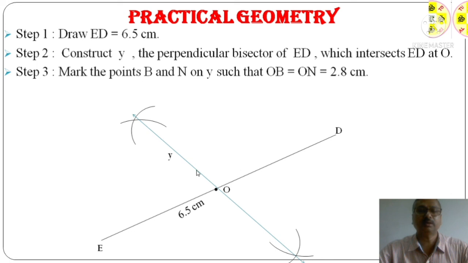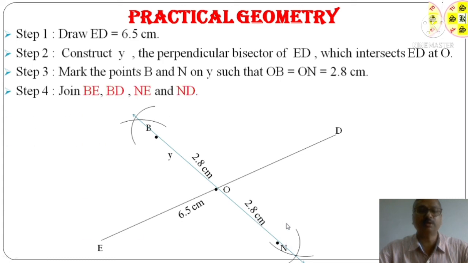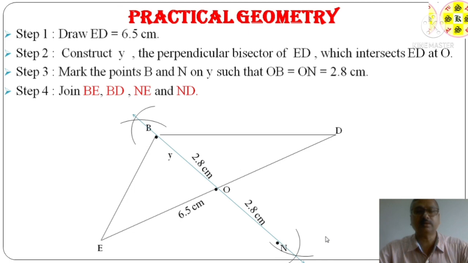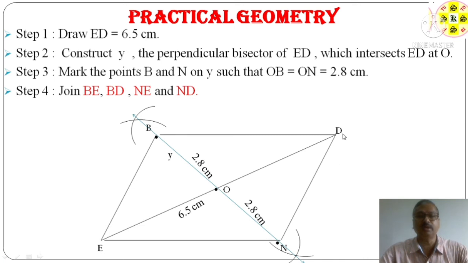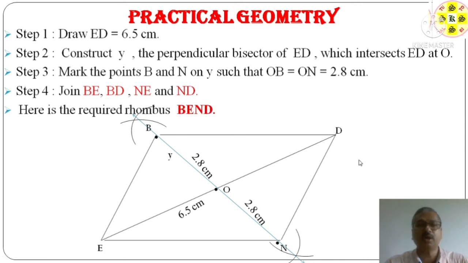From O, we mark a point B here, which is 2.8 centimeter away from O. See, we mark B, this is 2.8 centimeter, and mark N, which is also 2.8 centimeter from O. Now we join BE, BD, NE and ND. When we join, we get the rhombus BEND. BEND is the required quadrilateral.